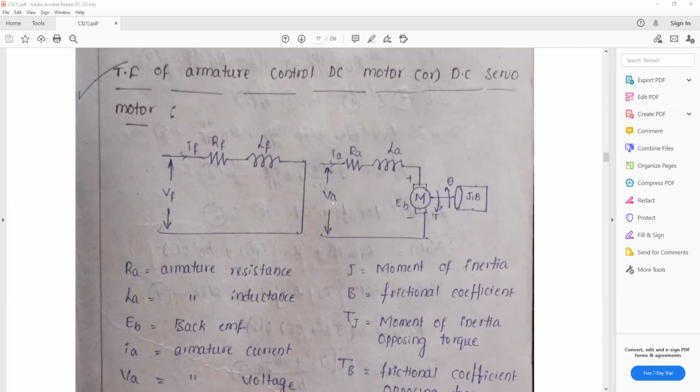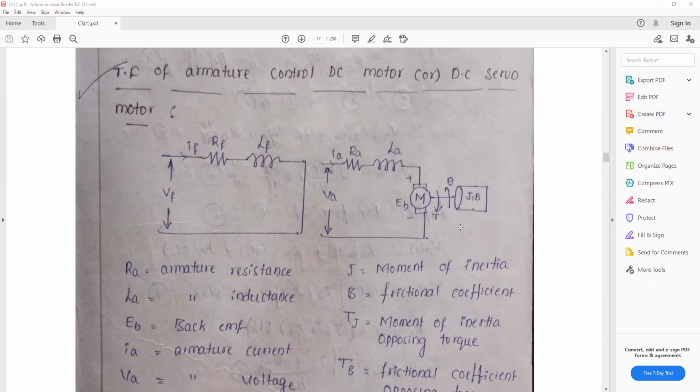This is the armature voltage, armature current IA, armature resistance RA, armature inductance LA, and the back EMF EB, and the connecting torque, applied torque T, and the angular displacement theta.